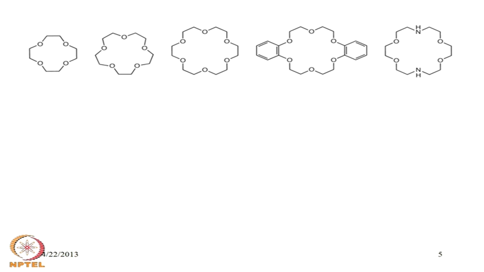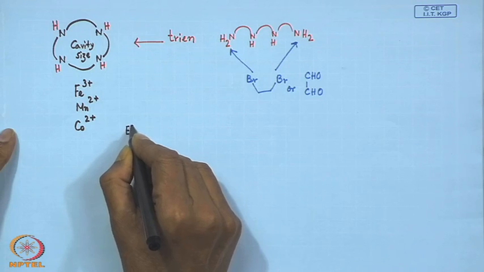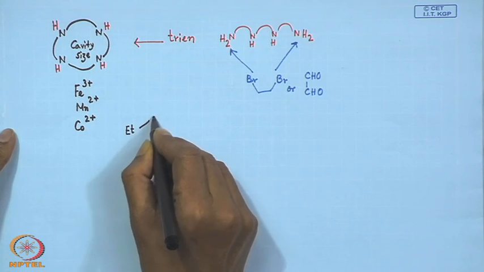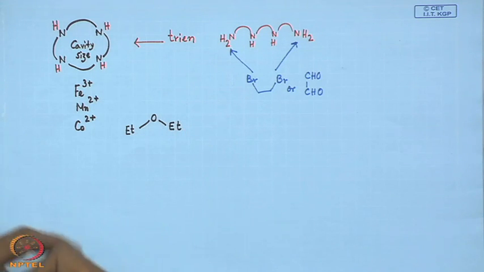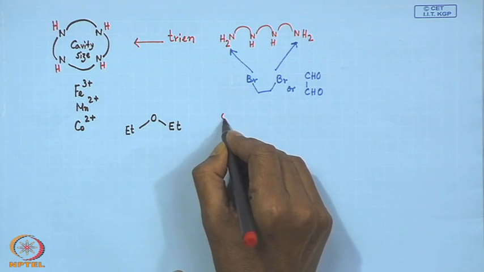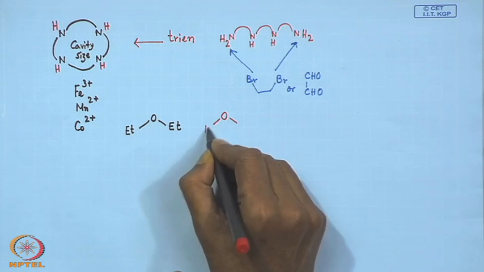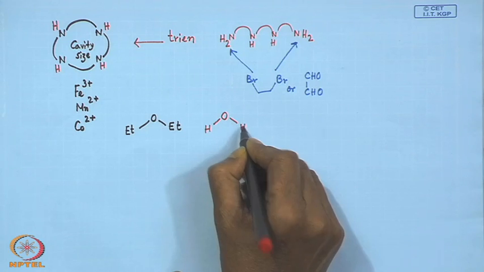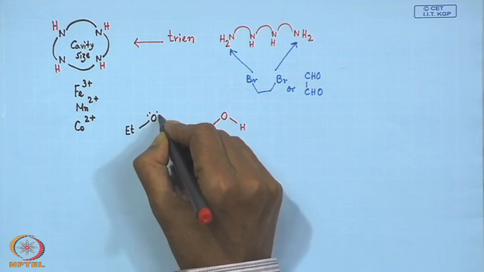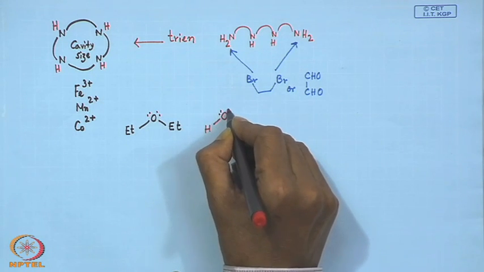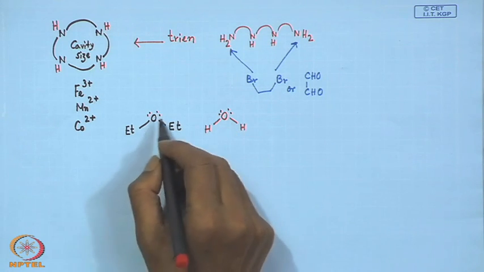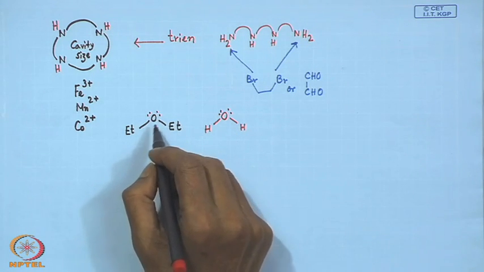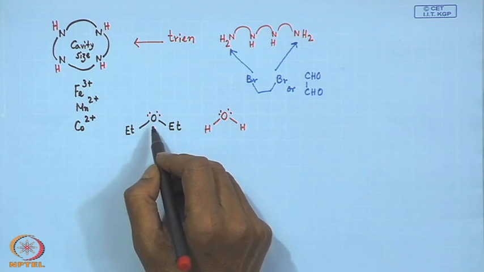So, if we have the ether, say diethyl ether, and we compare this diethyl ether with our water molecule, we all know this water molecule. These lone pairs of electrons on ether and water molecules are available for coordination, but this binding is not so strong, which is weak coordination to the metal center.